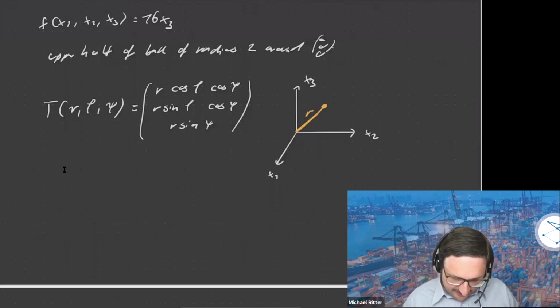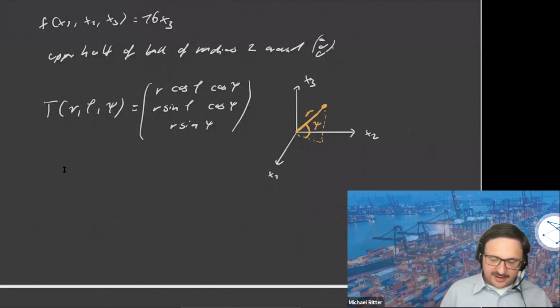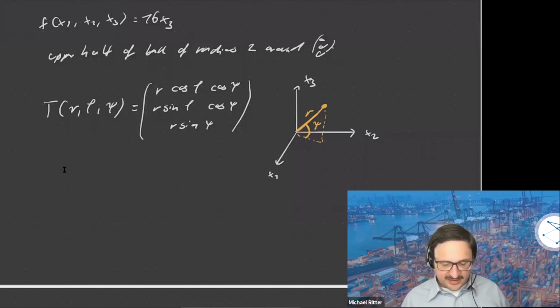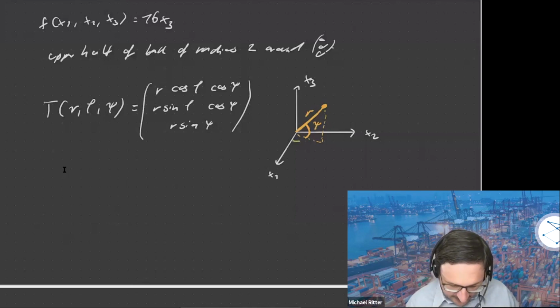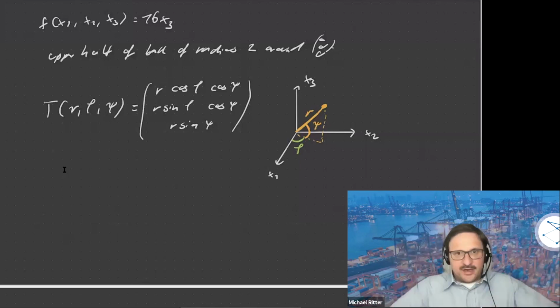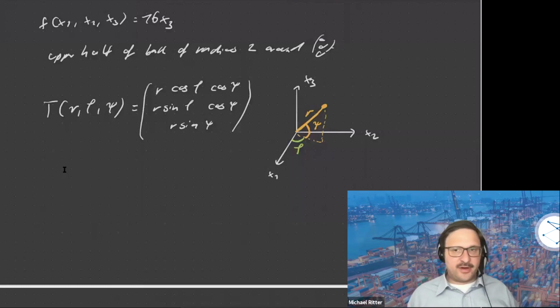And then you have an angle right here between the x1, x2 plane and that line connecting the point to the origin. That's the angle psi. And then you have another angle here between the x1 axis and the projection of that line onto the x1, x2 plane. So this here is the angle phi. Those are the two angles that characterize that point, and then we have the radius as well.